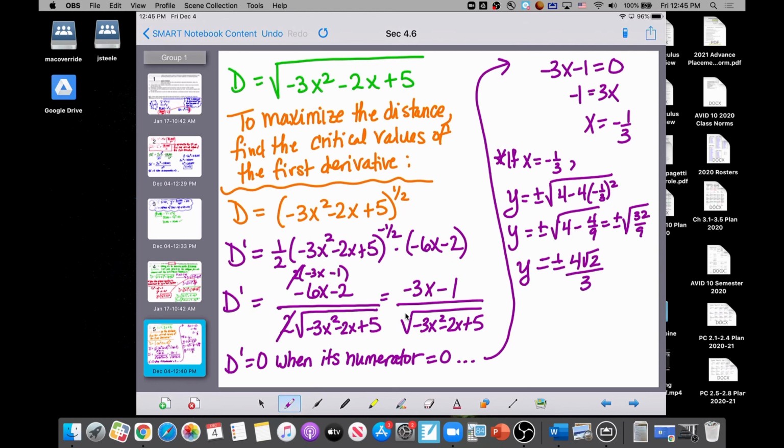So again, remember in the beginning of the problem, we said based on the shape of an ellipse, there should probably be 2 ordered pairs that are equally far away from the point 1, 0 that both lie on the ellipse. And those 2 ordered pairs that lie furthest away are negative 1/3, positive 4 square roots of 2 over 3 and negative 1/3, negative 4 square roots of 2 over 3. So let's write that down.